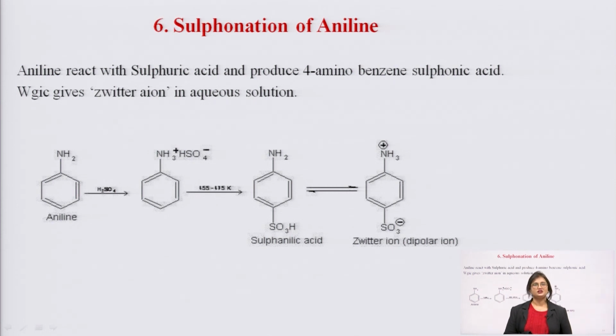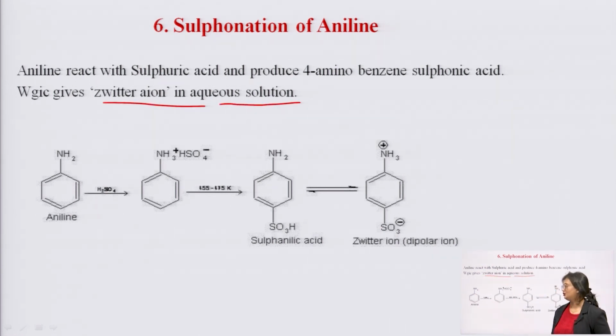Next reaction, which is sulfonation. Aniline reacts with sulfuric acid and produces 4-amino benzene sulfonic acid. It gives a bitter anion in aqueous solution.